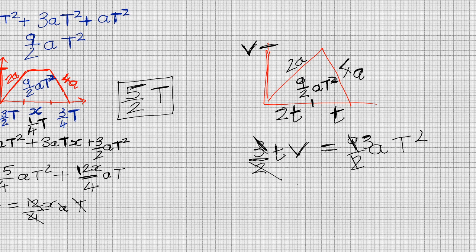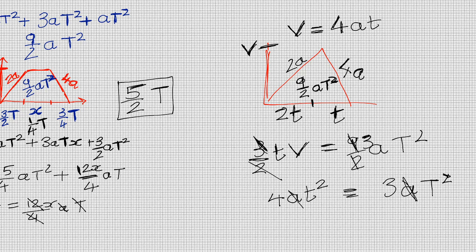Oh, and I should really say v equals u plus at, so I should really say v equals u, which is 0, plus a, which is 2a times t, so that's 4at. So I get 4at squared equals 3at squared.